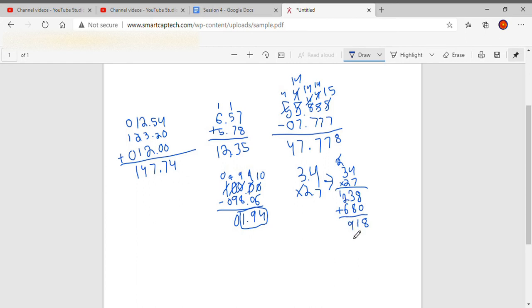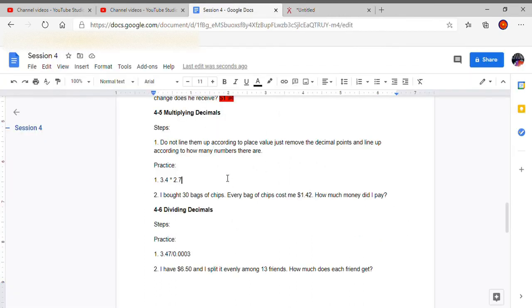So now we have to add back the decimal points. So in the numbers, we count 1 point and 2 points, meaning we have to move it 2 places to the left. 1, 2. So the answer for 3.4 times 2.7 would be 9.18.